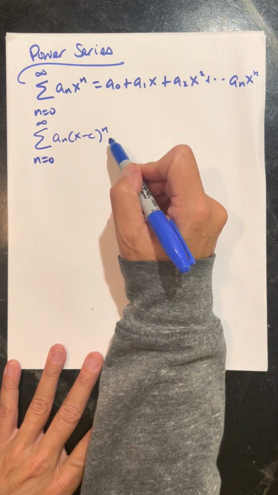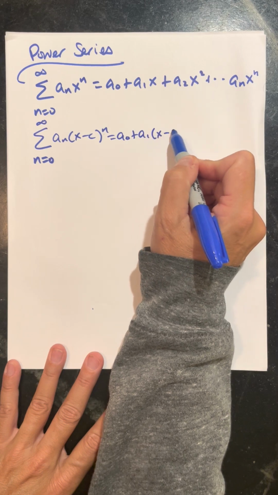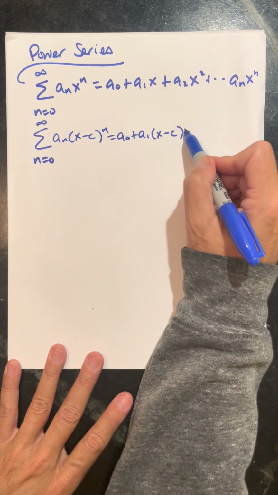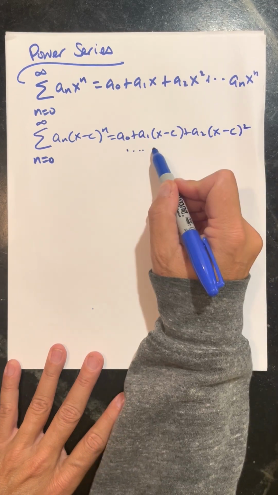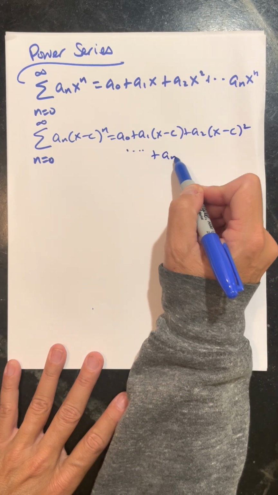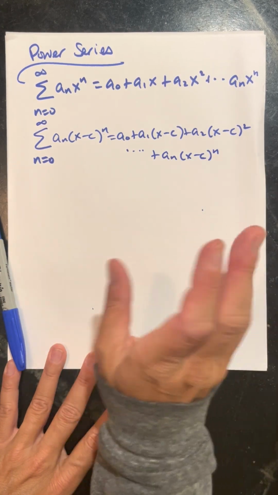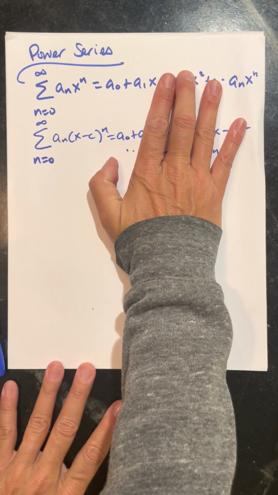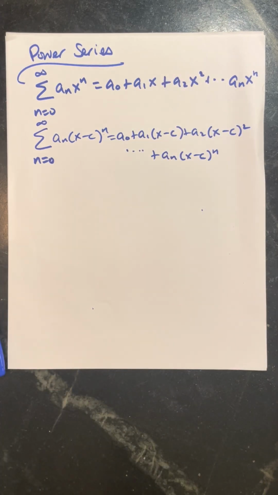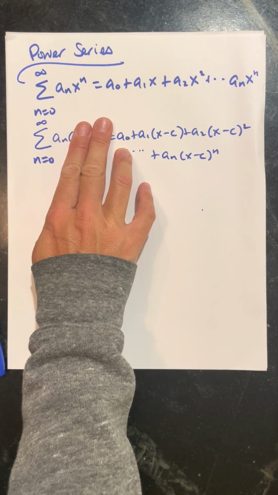Because this is going to turn into a_0 plus a_1 times (x minus c) to the 1 plus a_2 times (x minus c) squared, up to a_n times (x minus c) to the n. And again, if I plug in c, all of these terms disappear. So every power series converges at its center because all of these terms disappear.